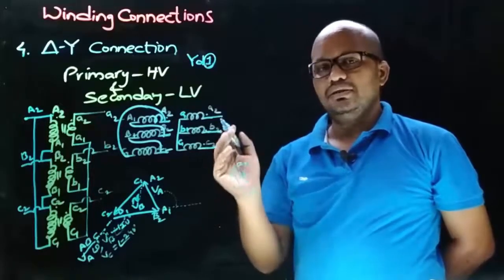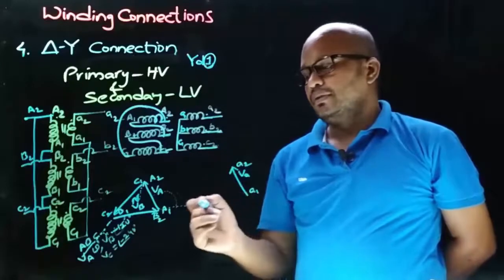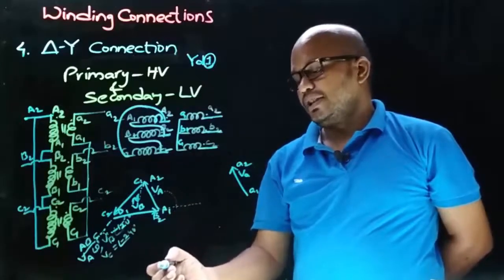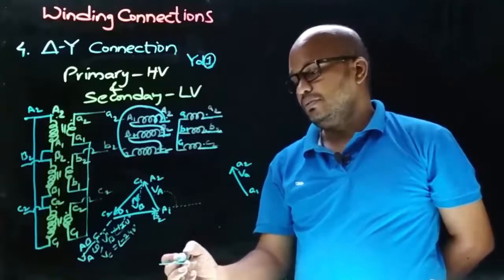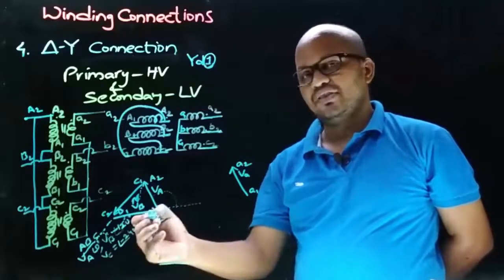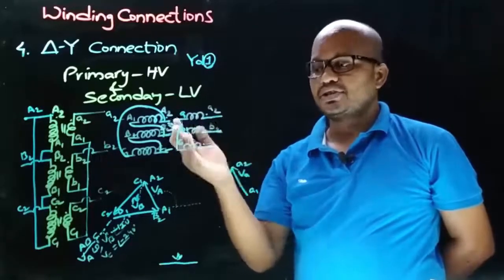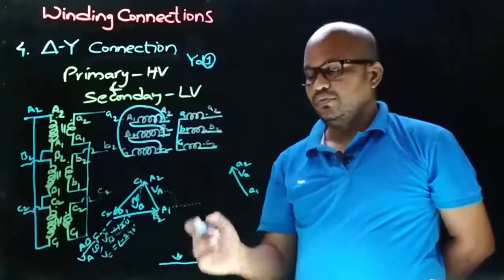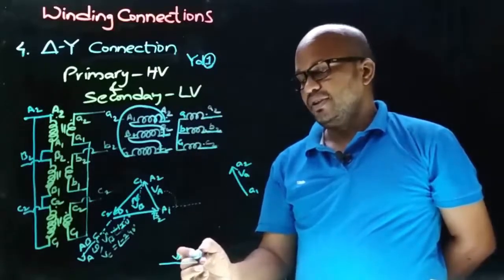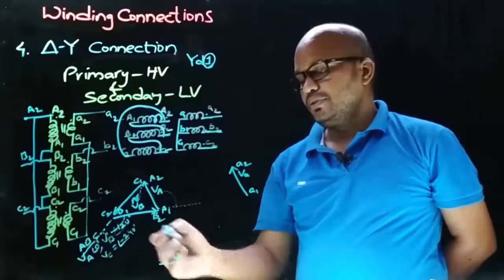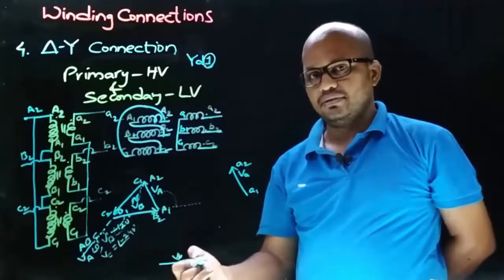Now let's draw the secondary side VB phasor. Let's draw it parallel to the primary side VB phasor somewhere here like this, and as on the primary side and secondary side the connections are taken on dot ends, the secondary side VB phasor direction will be the same as that of the primary side VB phasor.